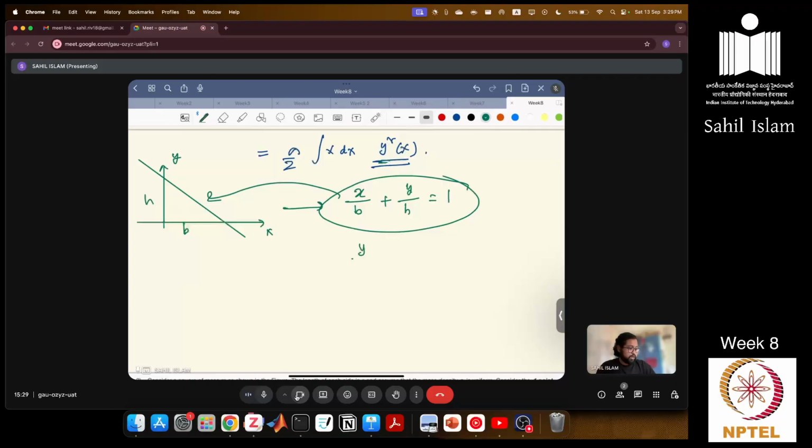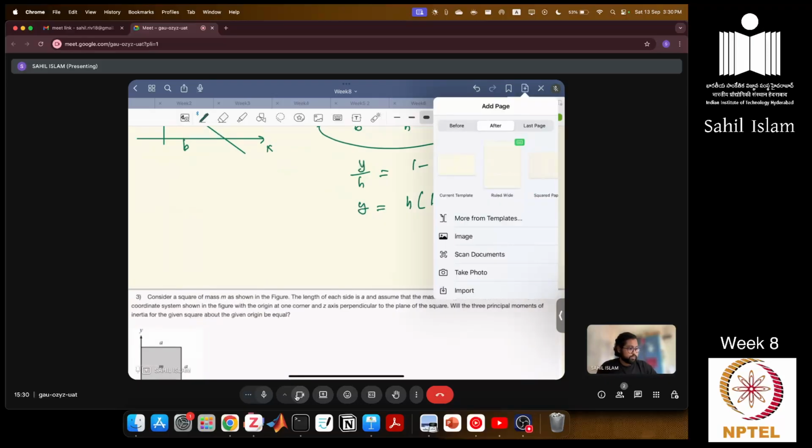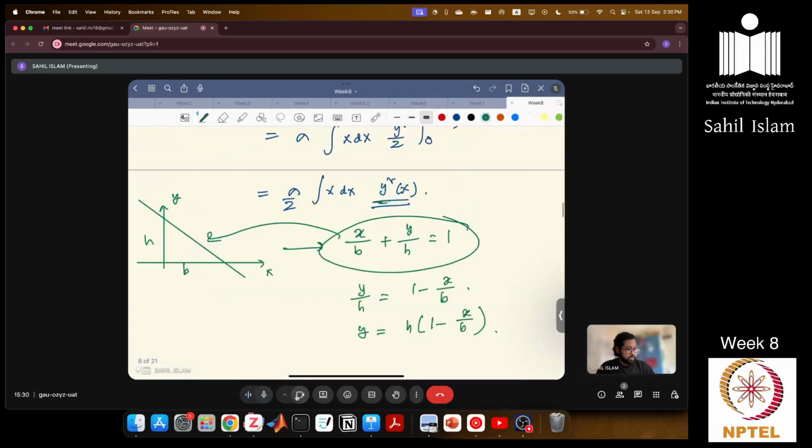So y by h equals 1 minus x by b. So y equals h minus h by b times x, or h into 1 minus x by b. Okay, so let's write h into 1 minus x by b. Now let's put it here. So we had Ixy to be this.